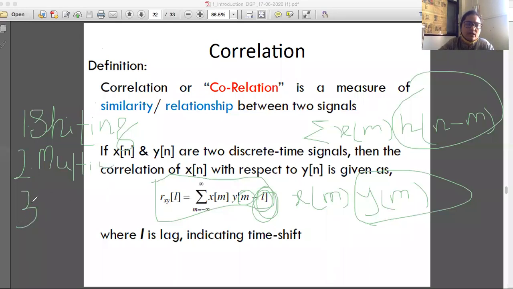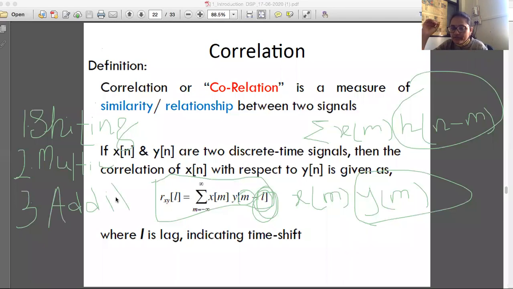Then multiplication, and finally we perform the addition operation. So in case of correlation, only 3 steps are present, whereas in convolution, there are 4 steps. That is the biggest difference between these two operations.